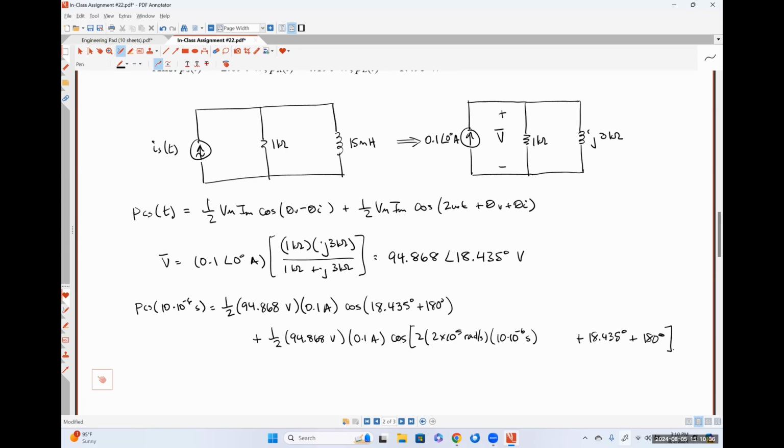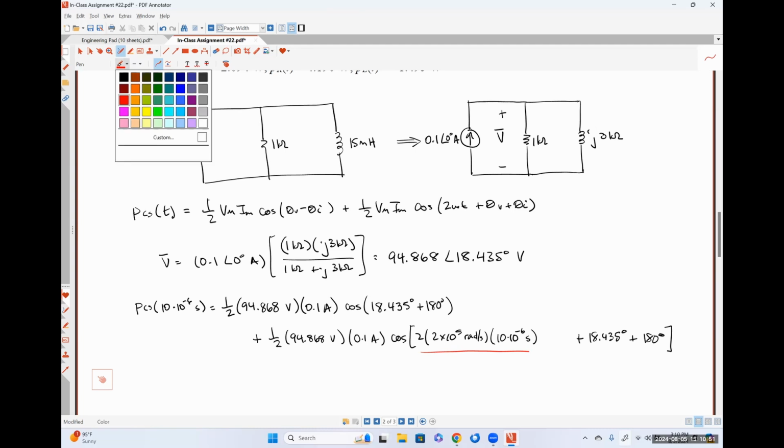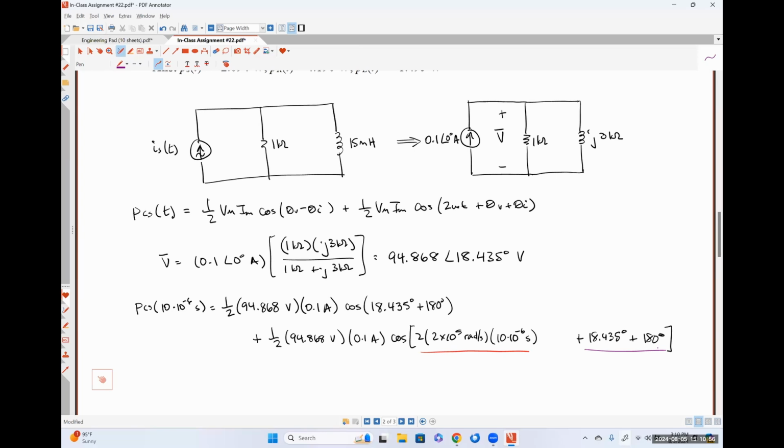I left a blank here between things because I want to point something out. This bit right here that I've underlined is going to give us an angle in radians. And this bit over here is going to give us an angle in degrees. So we need to convert either the bit that I've underlined in red from radians into degrees, or we need to convert the bit I've underlined in purple from degrees into radians.